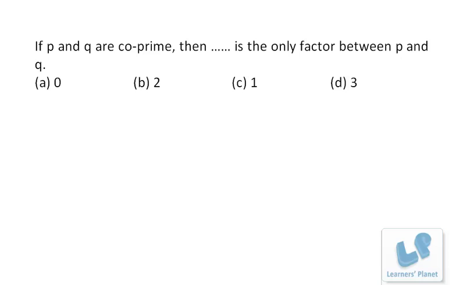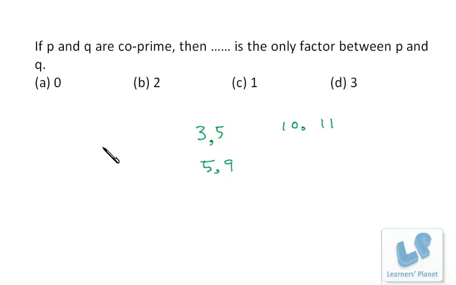Now the next question is, if P and Q are co-prime, then dash is the only common factor between P and Q. See, if P and Q are co-prime to each other, except number 1, no other factor is common between these two, right? Suppose we have an example 3 and 5, 5 and 9, 10 and 11, right?